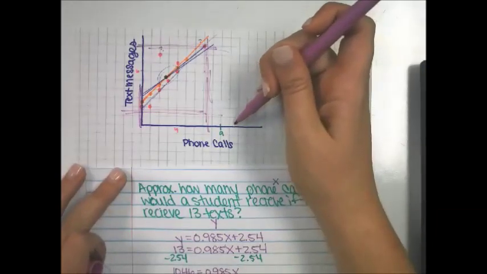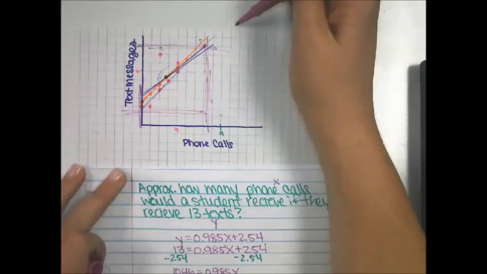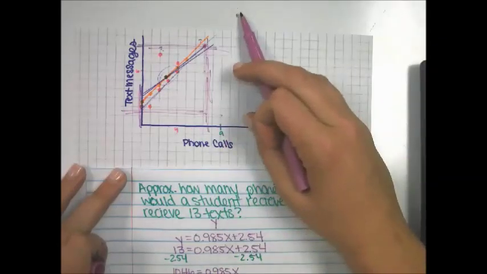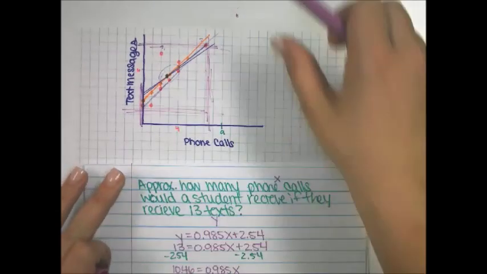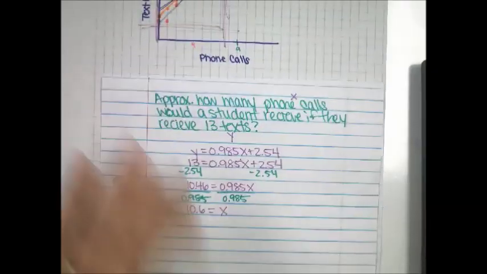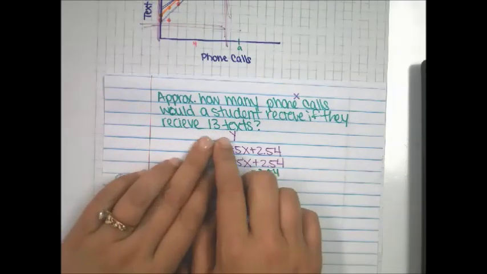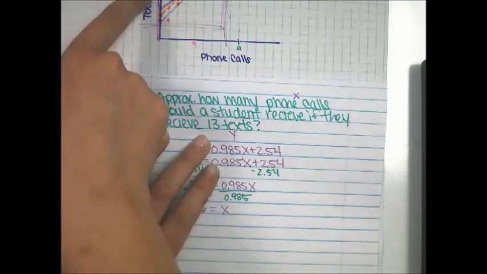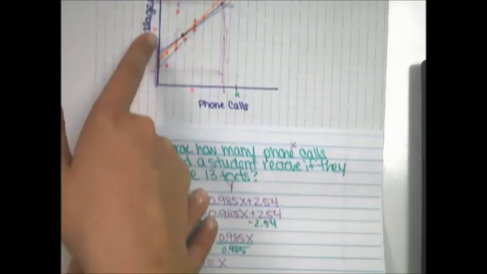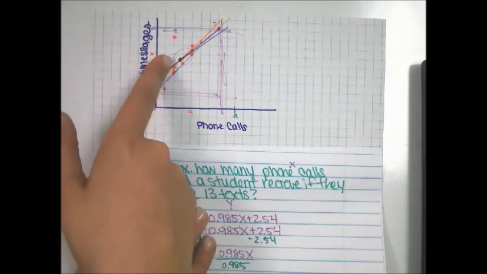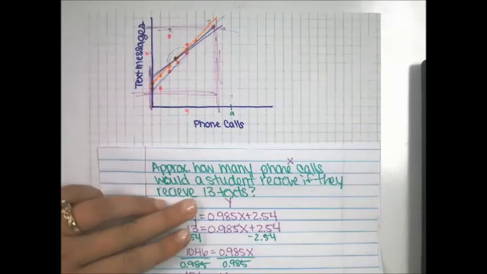So 10.6 was our X, 12 there-ish. It should be in line with this orange line. It should be in line with our data, showing that it's increasing. Okay, but it is just a guess. Now that is extrapolating because it's outside of our data. If I ask the same question, but instead of 13 text messages, I ask something like 5, then 5 would fall here, and that would be interpolating because it's inside of our box.